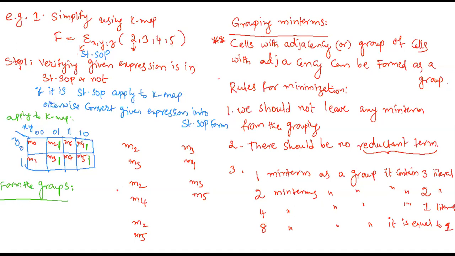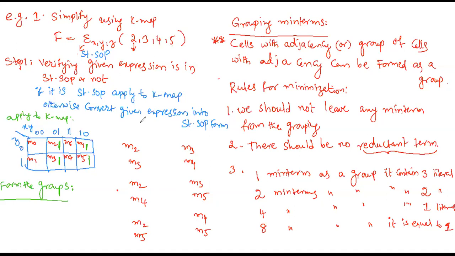M4, M2 is already there, no need to write. M4, M3 already there. M4, M5 is not there, so I am writing M4, M5. To check the adjacency, I need to write the combinations. With respect to M5, M5, M3 is there. M5, M2 is also there. M5, M4. These are the possible combinations we need to check for adjacency.